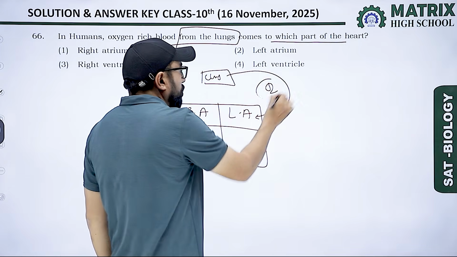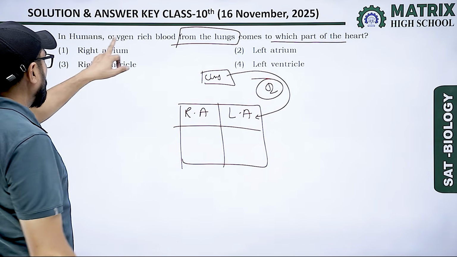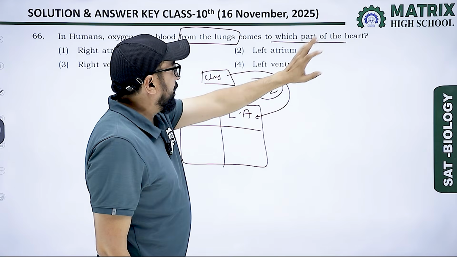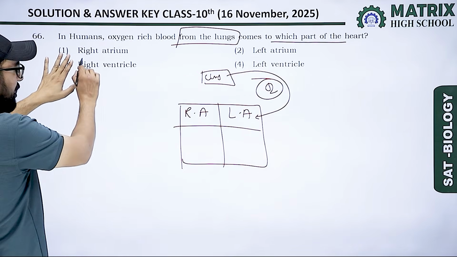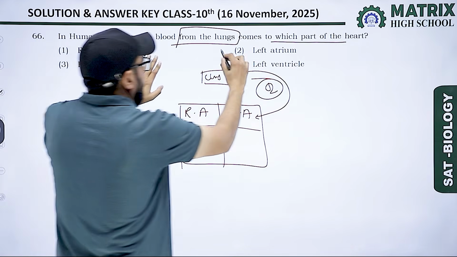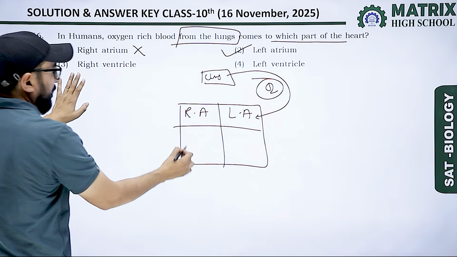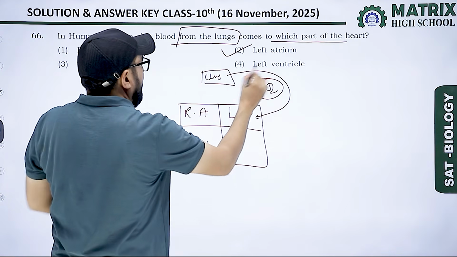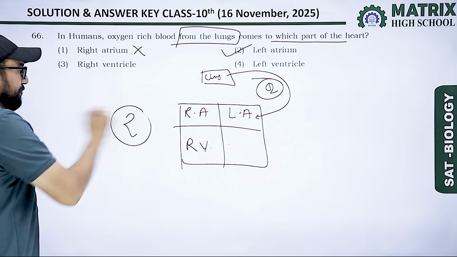Oxygenated blood from the lungs comes to which part of the heart? Right atrium? No. Left atrium? Right. Right ventricle? No. Left ventricle? No. So the right answer is the second option.